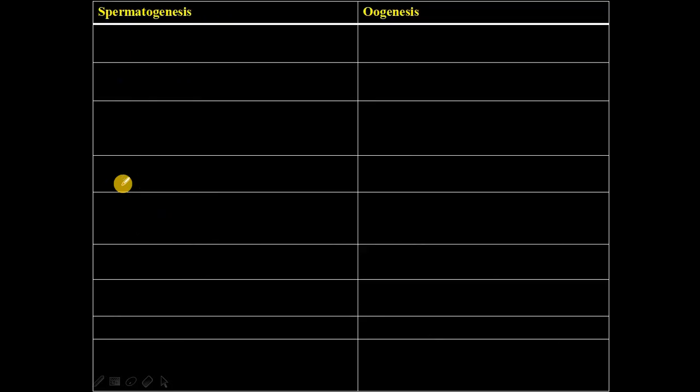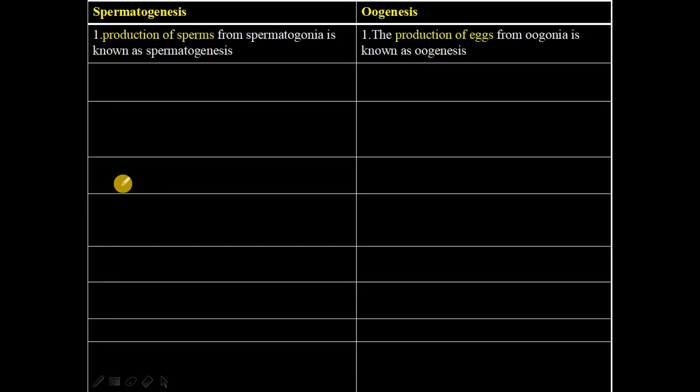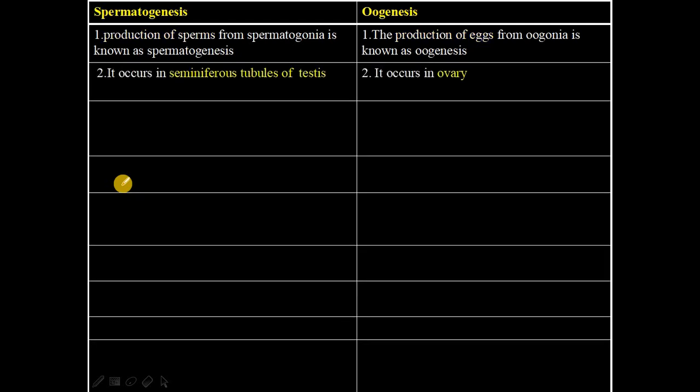Next, we will talk about the differences between spermatogenesis and oogenesis. Spermatogenesis is the process of production of sperms, and oogenesis is the process of formation of ovum or egg. Next, spermatogenesis occurs in the seminiferous tubules of the testis, whereas oogenesis occurs in the ovary.